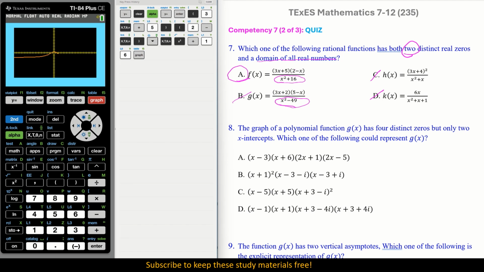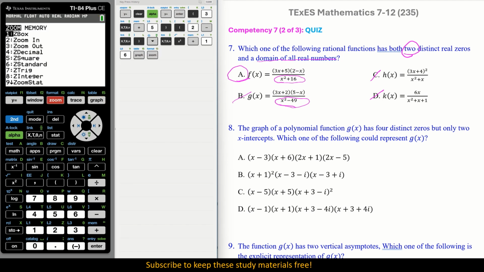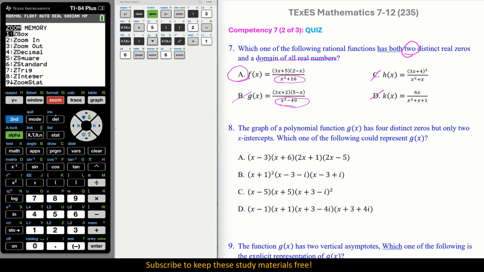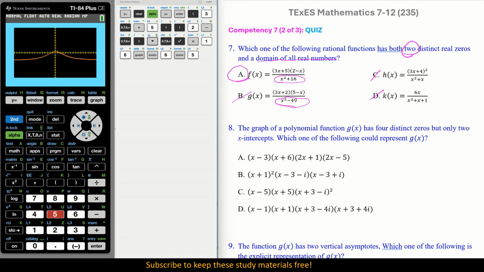Now let's graph that. Visually, let's zoom in. Visually, we can kind of tell, but we've got to zoom in. So let's go with the 6 standard. We can do the standard or the 5 squared. Let's do standard. We could even zoom with a 5 or zoom in. It doesn't matter, zoom to fit.